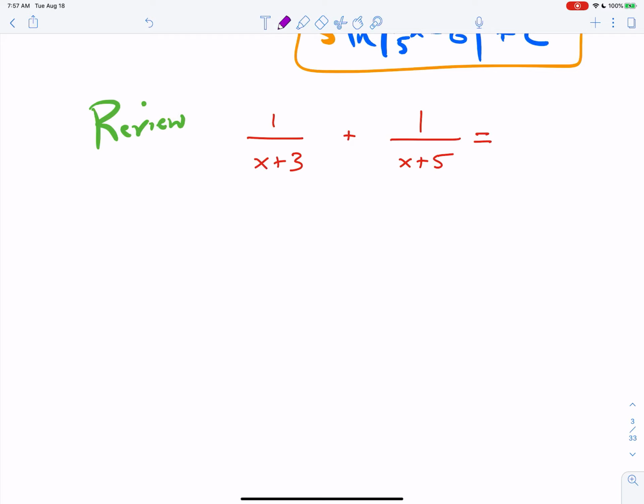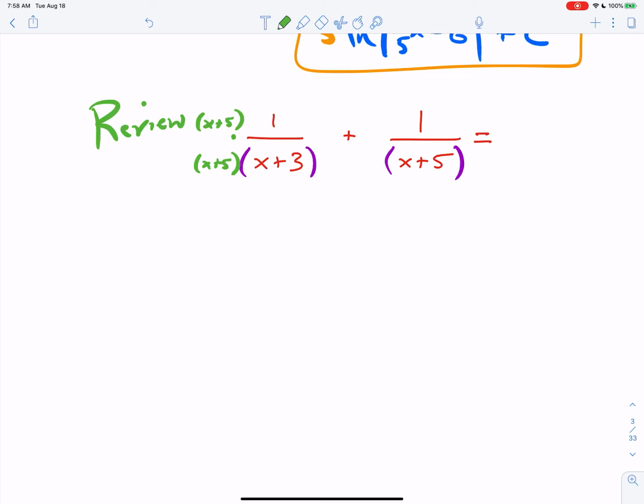So here we don't have the same denominator, so we're going to have to get common denominators. Over here I have x plus 3 factor, and over here I have x plus 5 factor. So in order to get the same denominator, I would have to multiply this fraction by an x plus 5 at the top and the bottom to keep it unchanged.